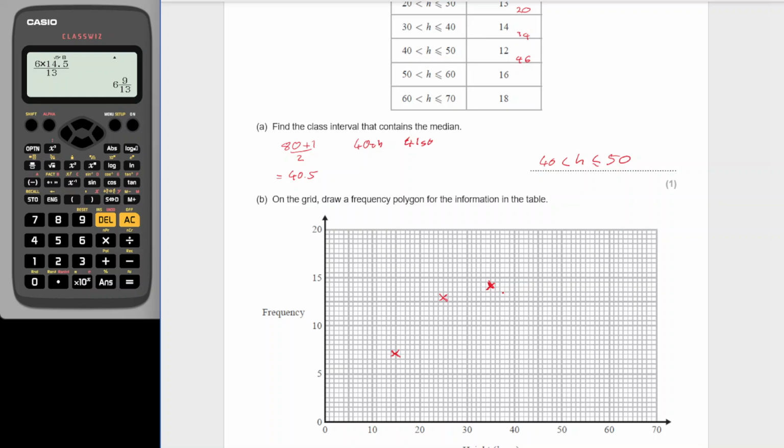I've then got 45 and 12. So 45 is here and 12. And then we've got 55 and 16.